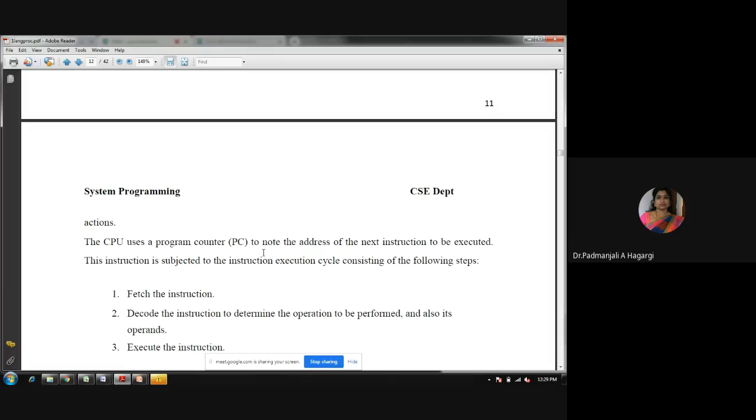I require something like machines, something like its own system software, like a compiler and its interpreter. C itself is called a compiler, and C++ is also called a compiler.